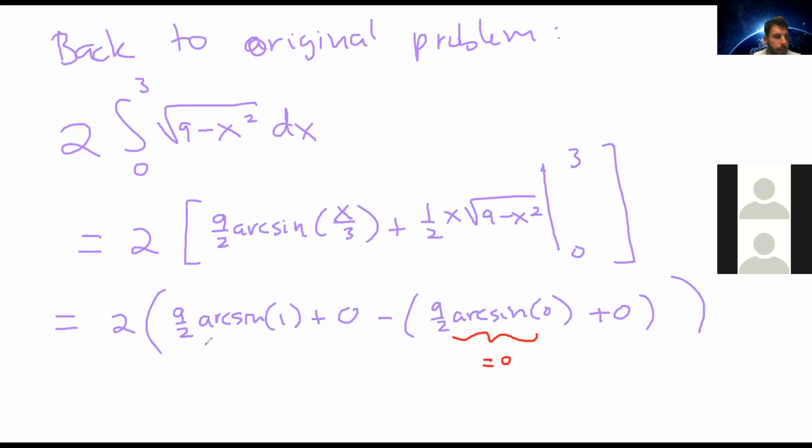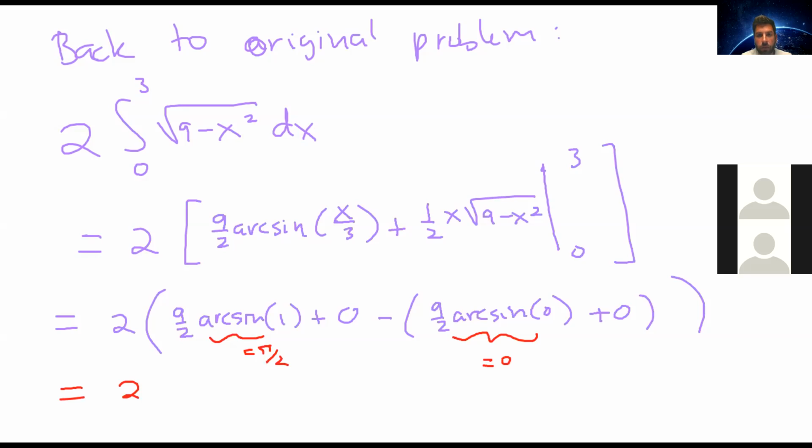Provided we didn't make any mistakes, of course. What's the angle whose sine is 1? There are lots of angles whose sines are 1, but if we imagine that x is between 0 and 3, the only logical solution is pi over 2.